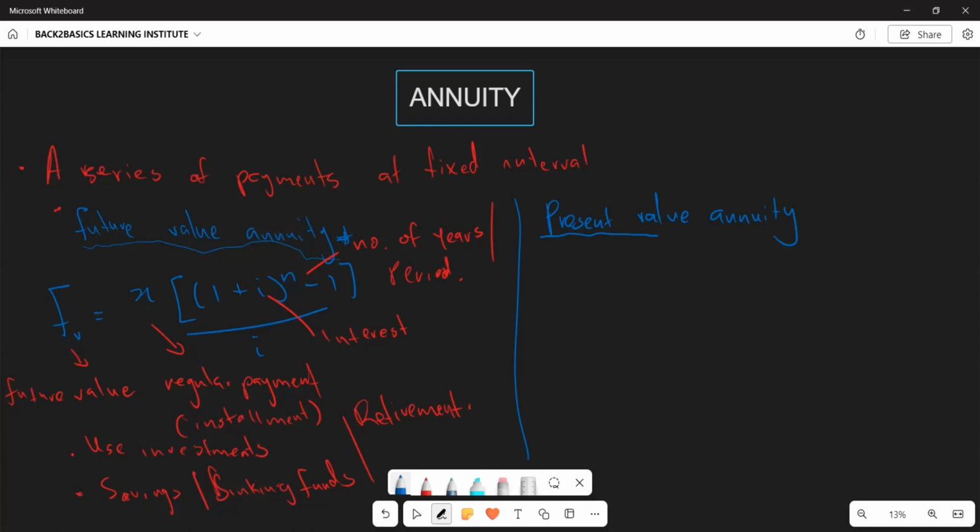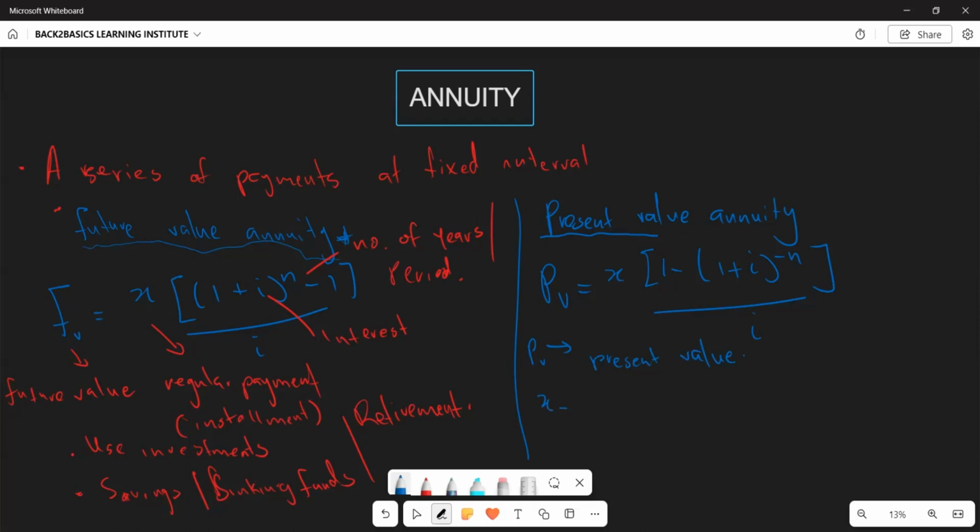So now let's see what is going to be the formula for the present value. It is going to be PV = X × (1 − (1 + i)^−n) / i. So this is going to be the formula where the PV represents what? It is the present value. And then what else?